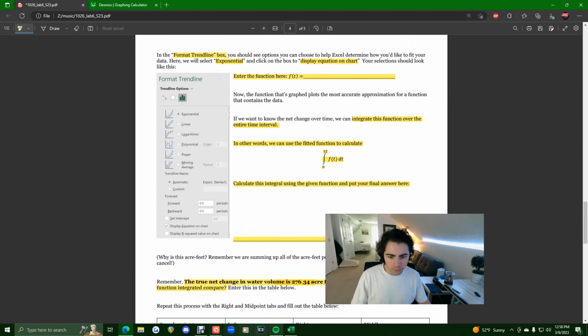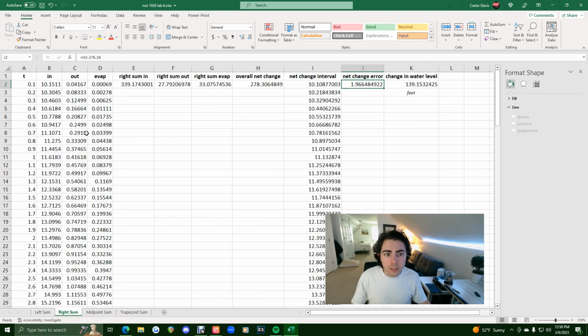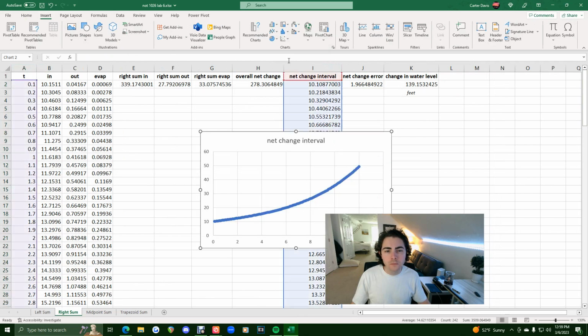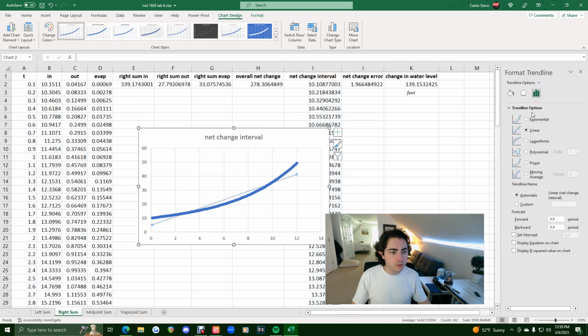So for these three rectangular ones, we have the first one, the left sum. Let's just do the same thing for the right and the midpoint. So we highlight A, highlight I, hold control, do the scatter plot, add chart element, trend line, more options, exponential, display equation.